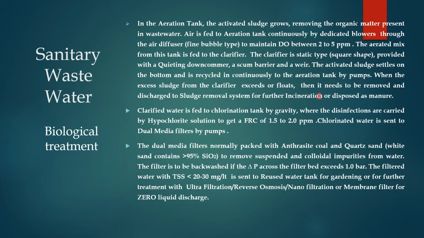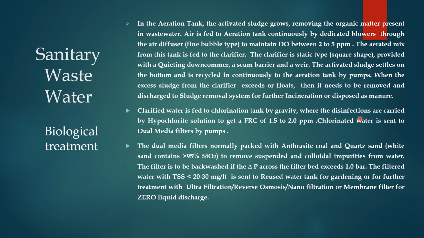Time to time we have to remove it from the bottom, and the activated sludge is to be recirculated to the aeration tank. So it is maintained, and clarified water is fed to the chlorination tank by means of gravity, flowing through the weir at the top of the clarifier tank.